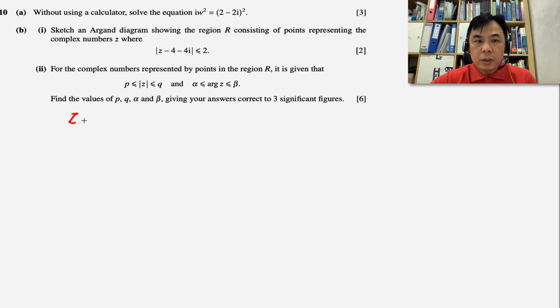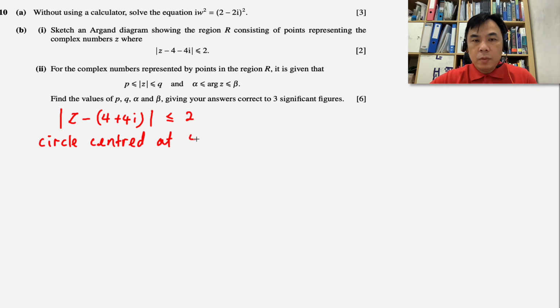So we're going to factorize this. So it looks something like this. The main reason why I want you to factorize this is as a reminder that this is actually a circle. This section represents a circle centered at 4, 4.